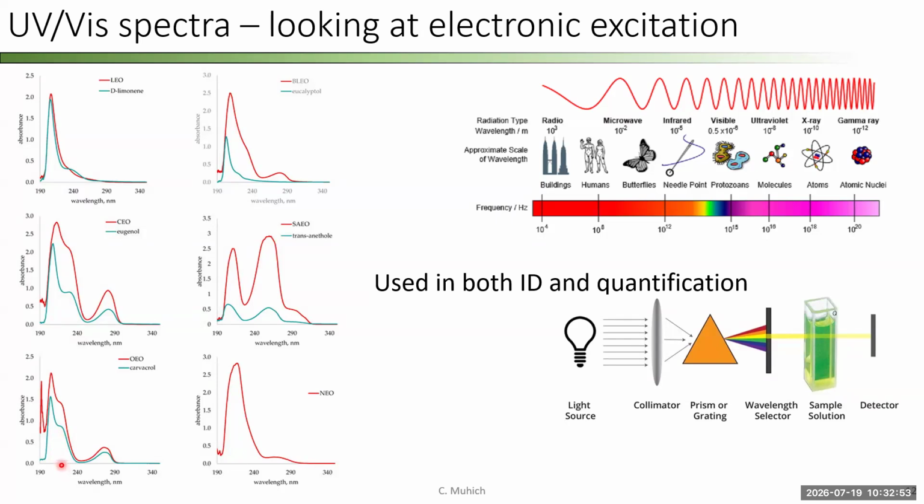So I want you to think about these spectra as molecular fingerprints. Okay, so in both absorbance and transmittance, we shine light. The light goes through the cuvette. We measure the detection as a function of wavelength, shown at the bottom. We measure absorbance.